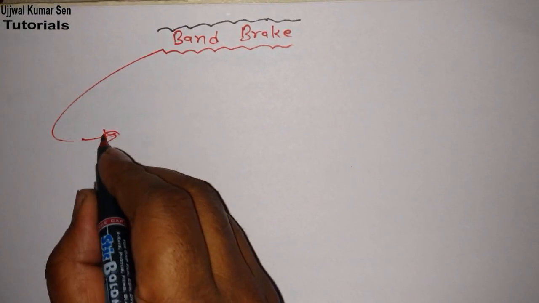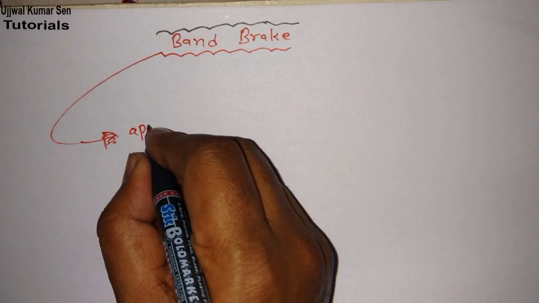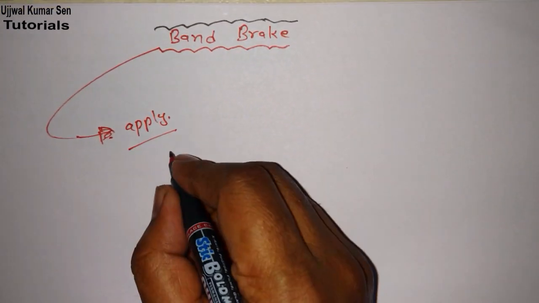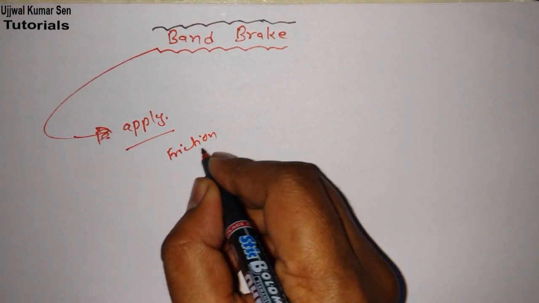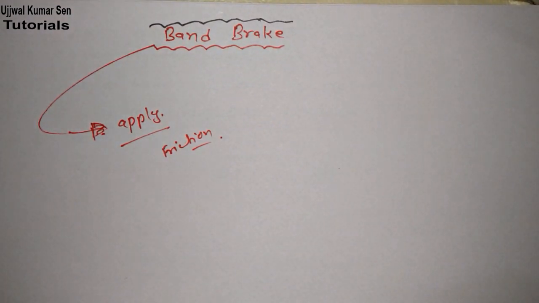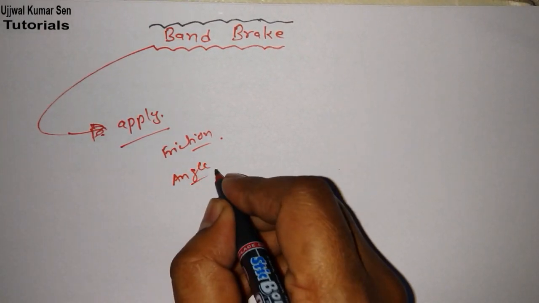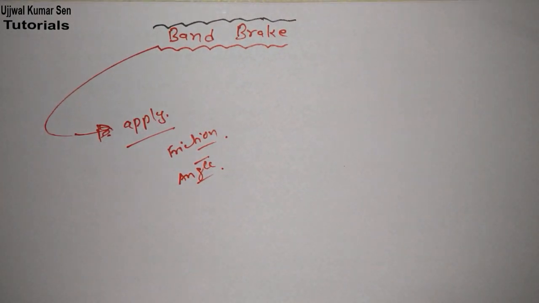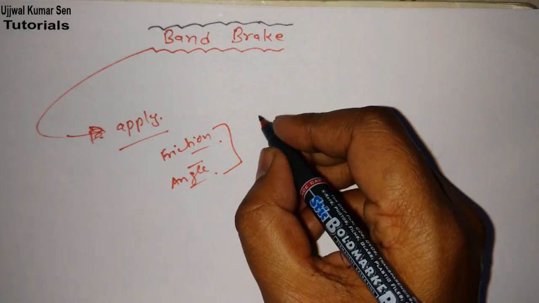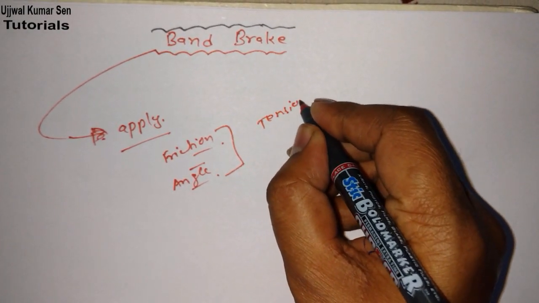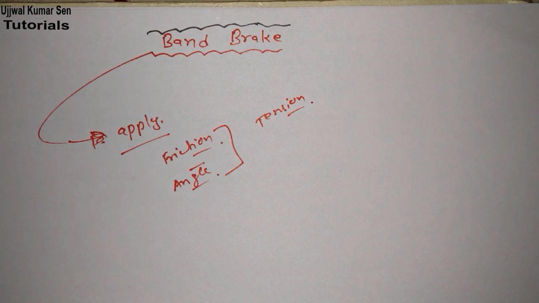If we apply the brake, then friction will be produced. Then there should be an angle in which the brake will be applied. And of course, tension will be considered in this case.